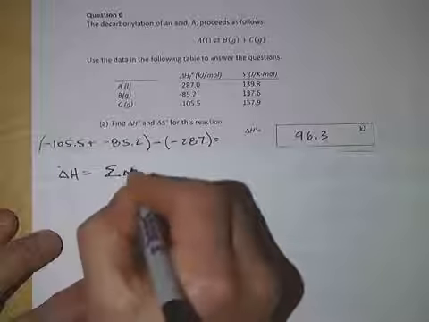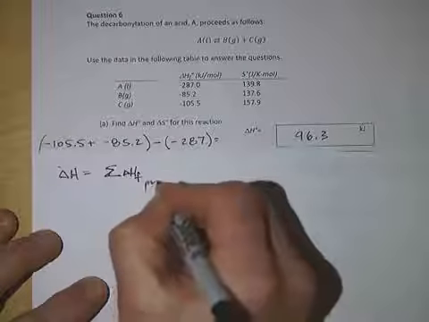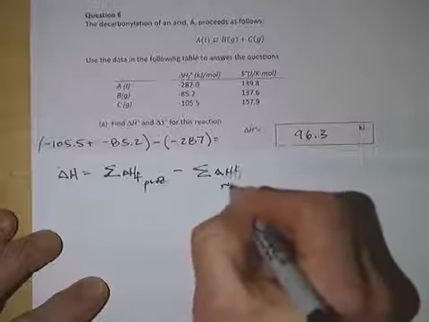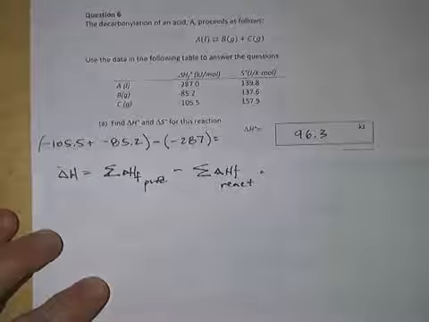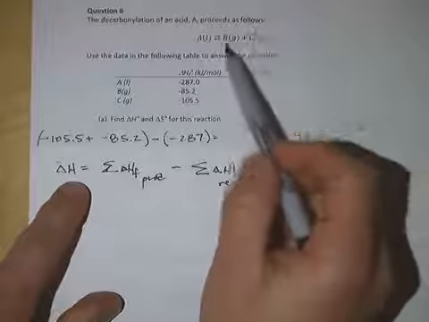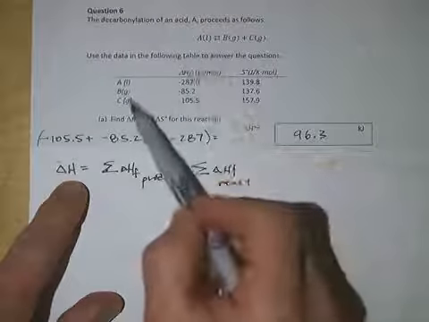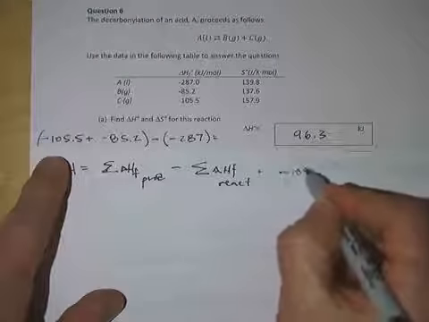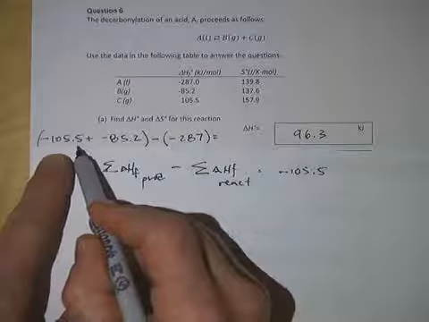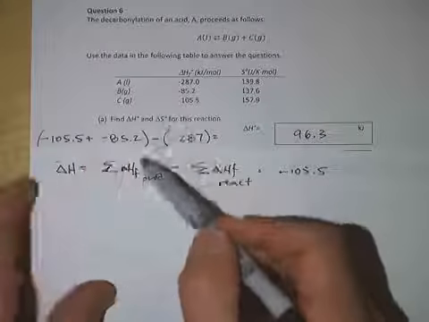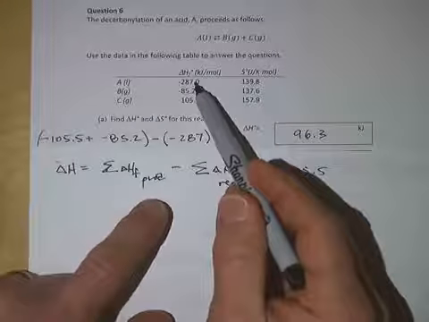These equations aren't given to you, so you need to know that to find delta H, you do the summation of the enthalpies of formation of products minus the summation of the enthalpies of formation of reactants. And so, we look at the products right here, B and C. B and C's products are negative 105.5, which I put right here.